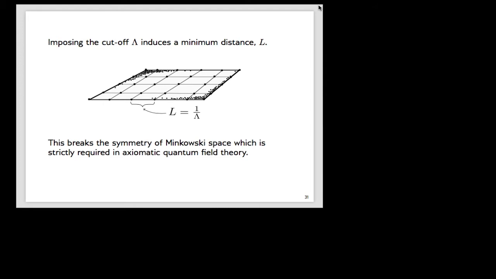And this breaks the symmetry of Minkowski space, and we thought, after all, that we're creating a relativistic theory, so this seems like a problem. And this is one of the ways in which the techniques of perturbative field theory run up against the requirements of axiomatic field theory, because exact Minkowski symmetry is strictly required in axiomatic field theory. In fact, it's one of the axioms on some characterizations.